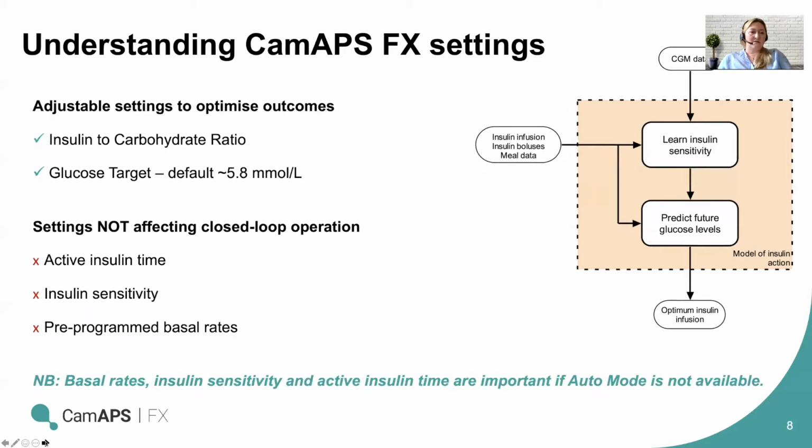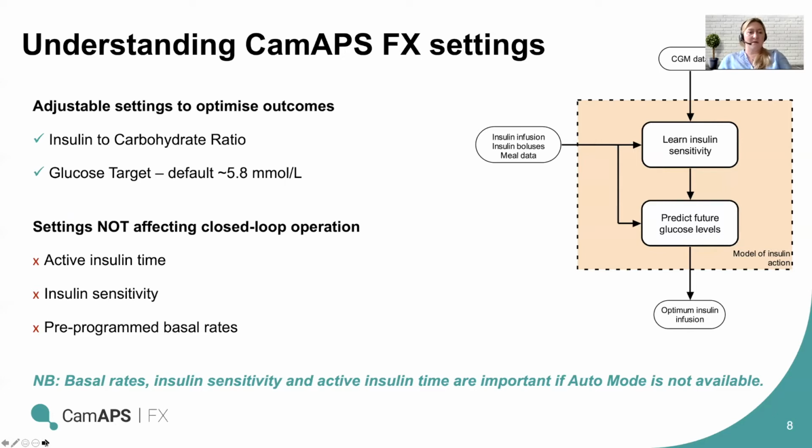Thanks. And so the settings that make a difference to optimize the system is literally just the insulin to carbohydrate ratios, which you would adjust on the pump and the system reads them from the pump. And then you can also adjust the glucose target. So it defaults to a target of 5.8 millimoles per litre, but it can be adjusted anywhere between 4.4 and 11, and that's been extremely useful, especially when we'll hear from Annika shortly.